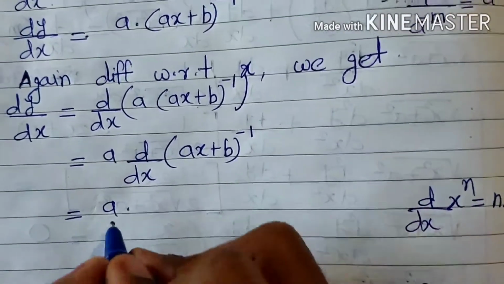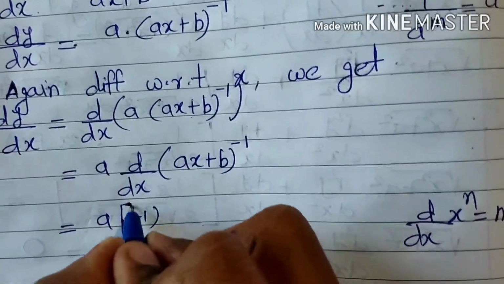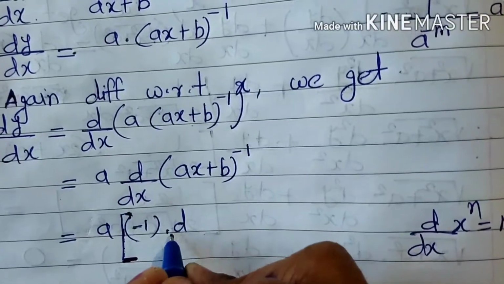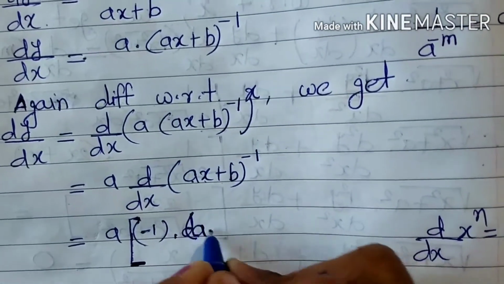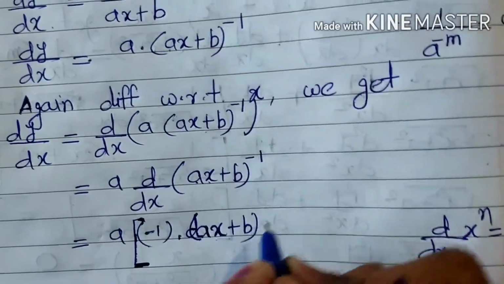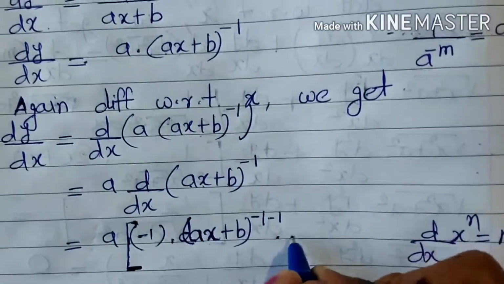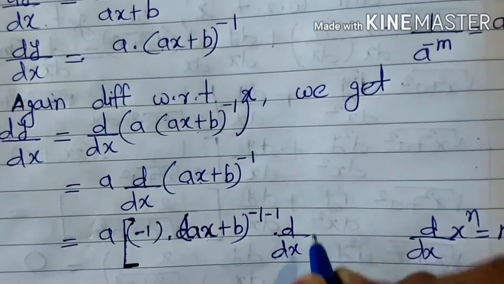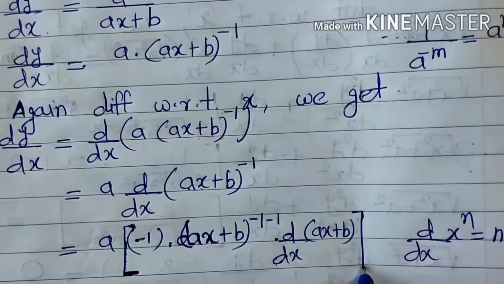So using this, it is like that, this minus 1 into derivative of ax plus b. So it is ax plus b raised to this minus 1 and this formula, minus 1 into derivative of ax plus b, because this is our function.